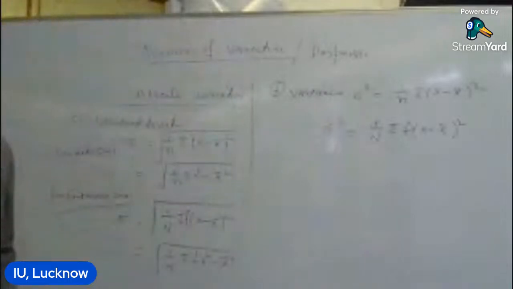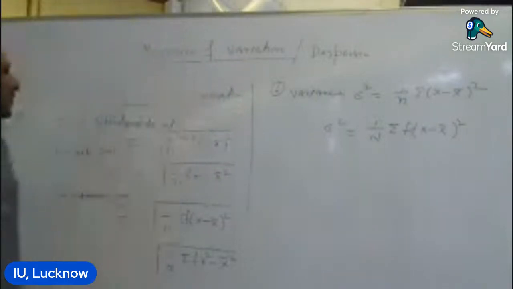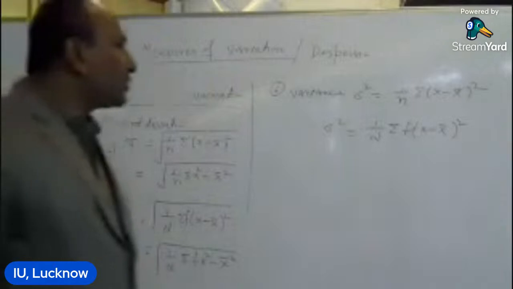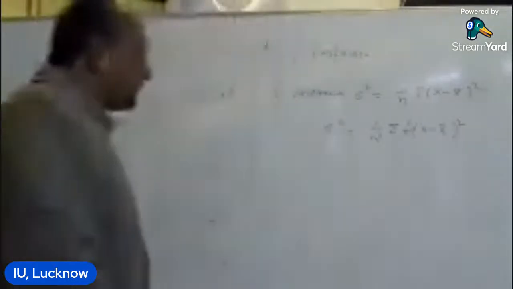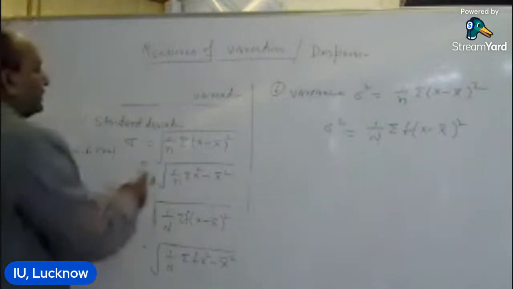Now, this is the absolute variation, which is used just to know the variation of the variable. If you want to compare variation between variables, you have to use the relative variation.